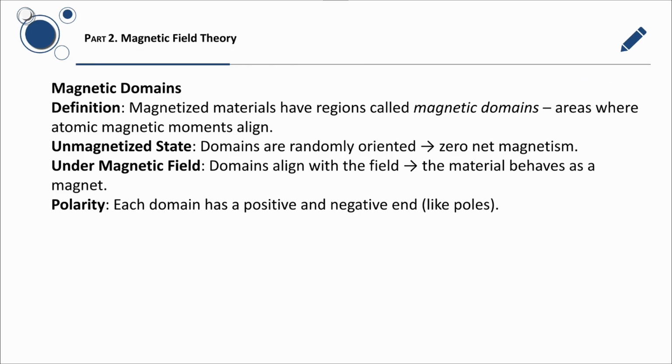Let's start with magnetic domains, which are the microscopic regions in ferromagnetic materials where atomic magnetic moments align in the same direction. Imagine a material that can be magnetized.